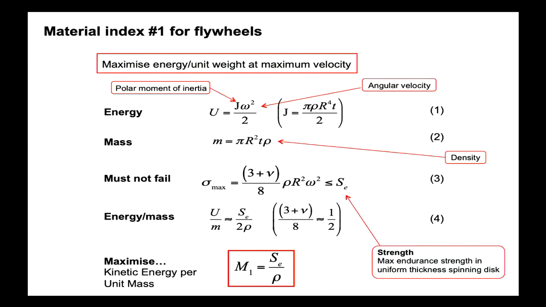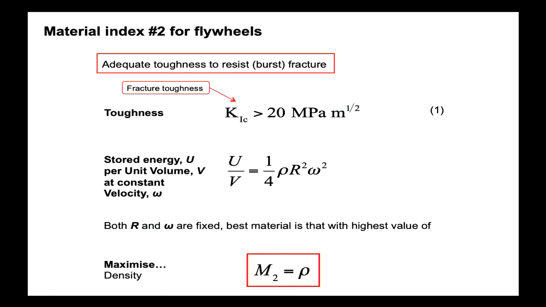Energy, mass, must not fail, energy per mass, specific energy, and therefore we want to maximise the kinetic energy per unit mass. A heap of stuff gets cancelled out, and we're down to something as simple as what we see on the screen. So after all that detail, which is still going to be used in the detailed design, you'll make selections, you will then find out the engineering properties of the material that is selected for the application at hand and go back through all this. But right now, for candidate materials, that's what we're looking at.